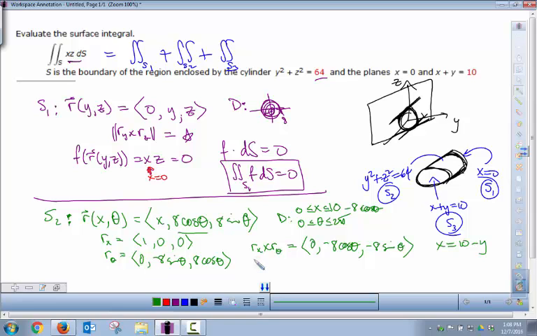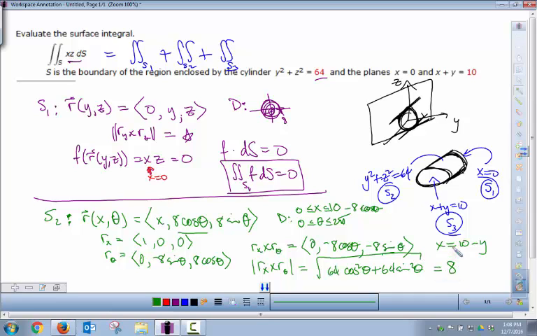And then I want the magnitude of this. If I square everything, I'm going to get 64 cosine squared theta plus 64 sine squared theta plus 0.